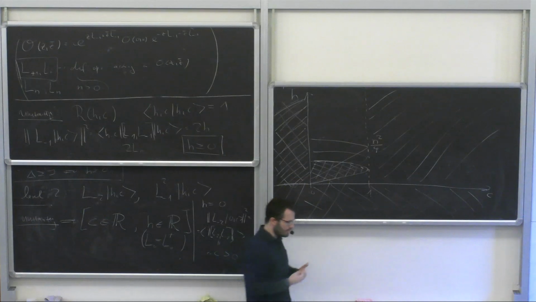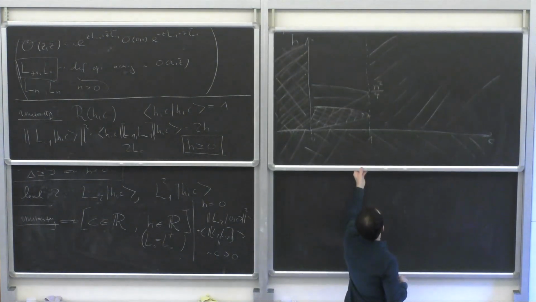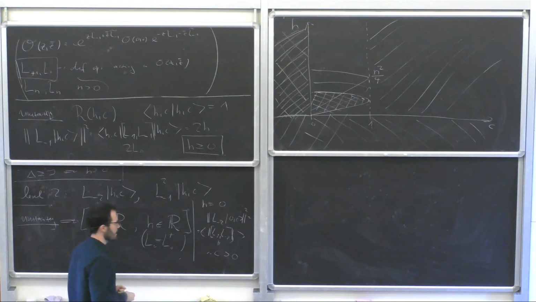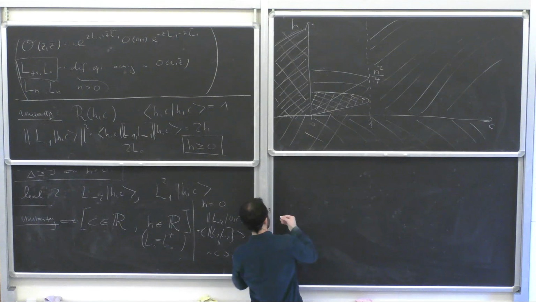So if you want to get a unitary representation, you need to quotient out by the states that have a zero norm. But you can do that for a discrete set of points.